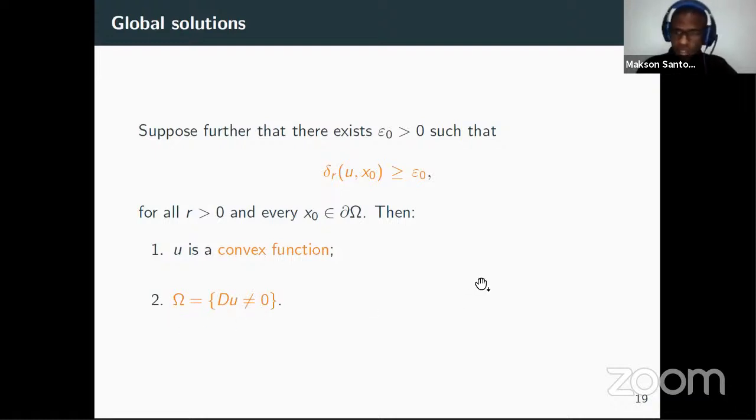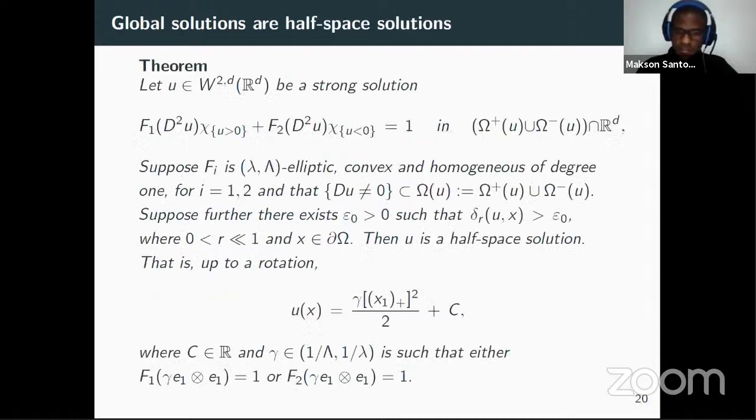Okay. And with this, we are finally ready to state the classification of global solutions, which says that basically if U is a strong solution to our equation now in R^d, we suppose that again F is elliptic, convex, and homogeneous of degree 1, for d equal to 1, 2, and that this set is a subset of omega.